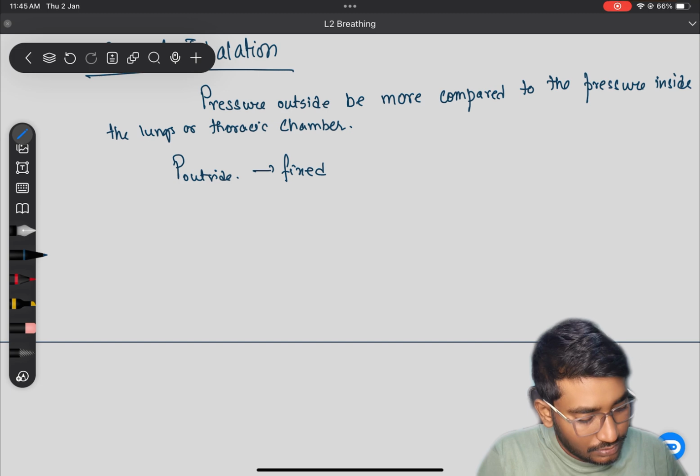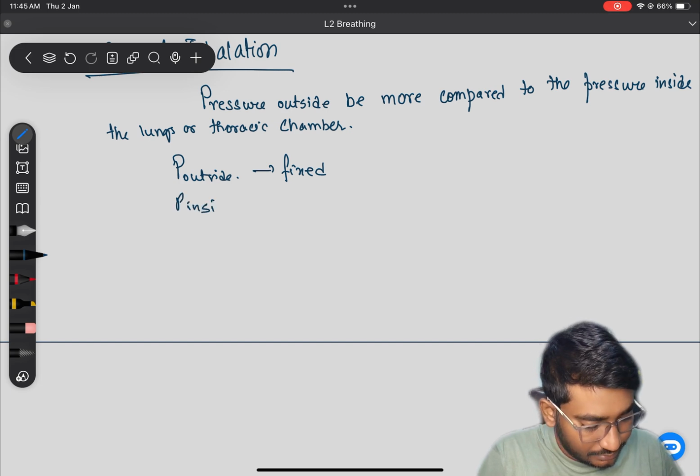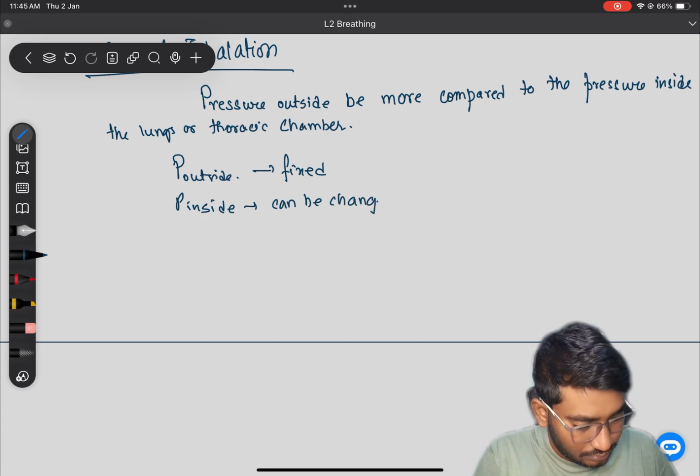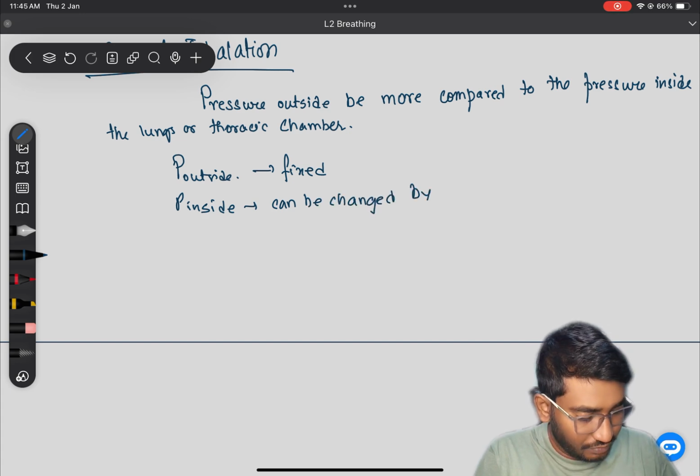So the pressure inside can be changed by changing the volume.